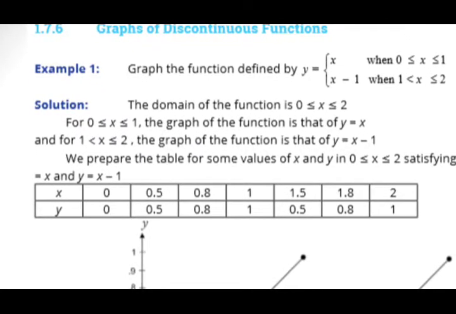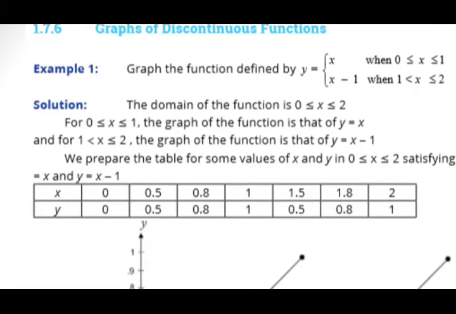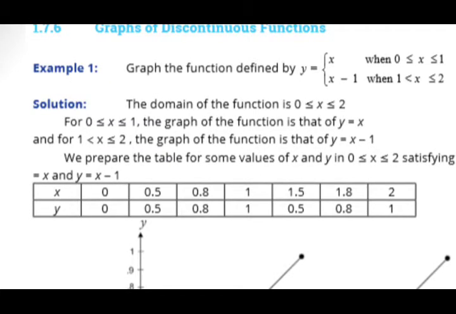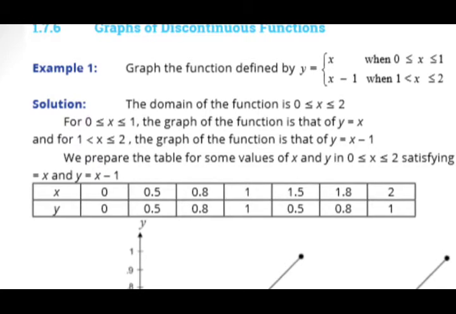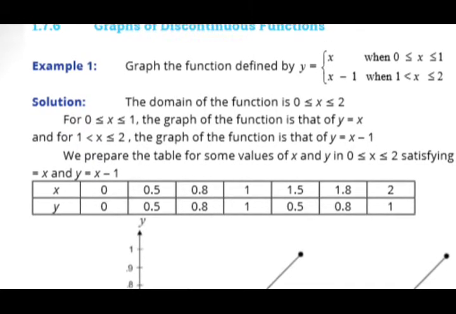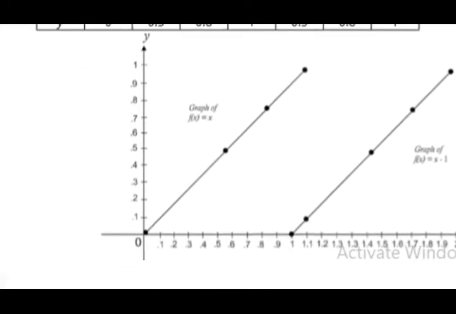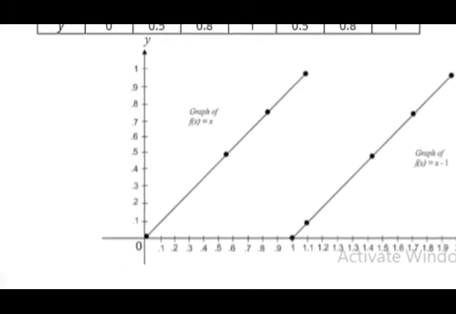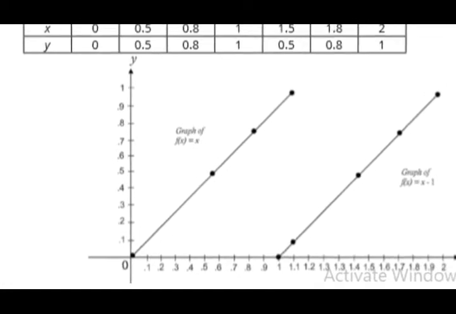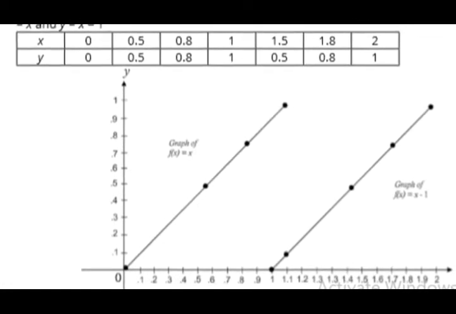We put 0, 0.5, 0.8, and 1 in x. And 1.5, 1.8 and 2 we put in x minus 1 and draw both the lines. Both are separate from each other, and this is a discontinuous function.